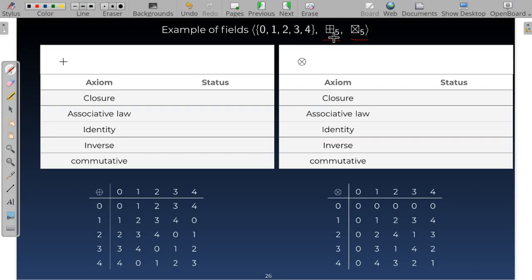To prove all these properties, we have already discussed the Cayley table. We have discussed what a Cayley table is, and I have given two Cayley tables here. One is with respect to addition, another is with respect to multiplication.